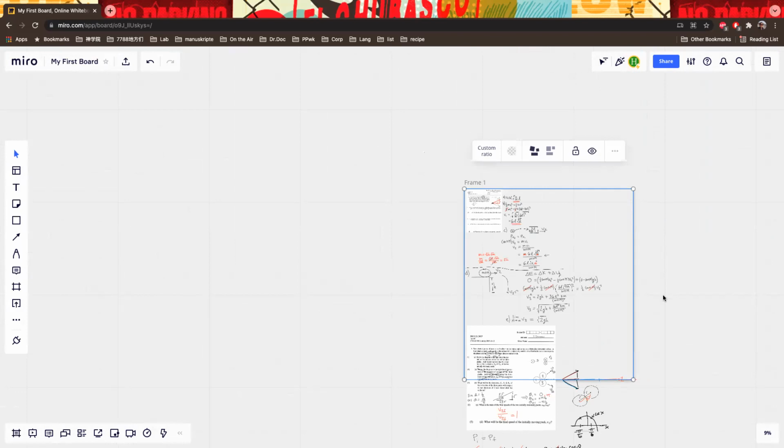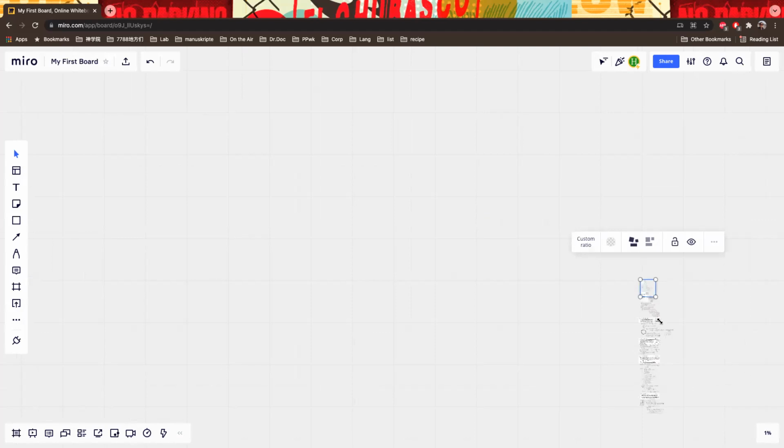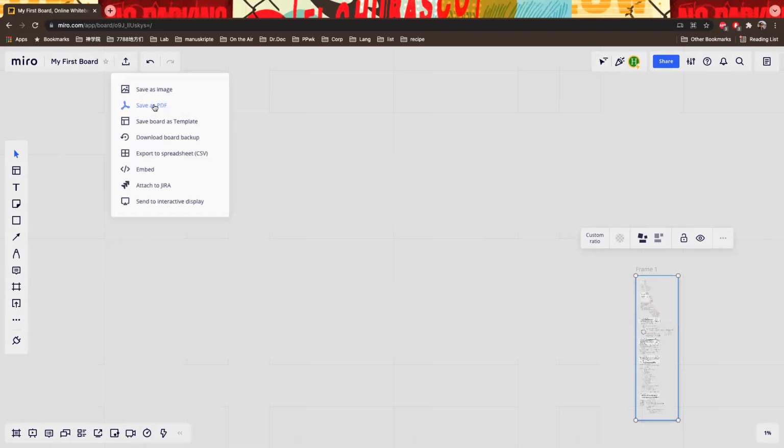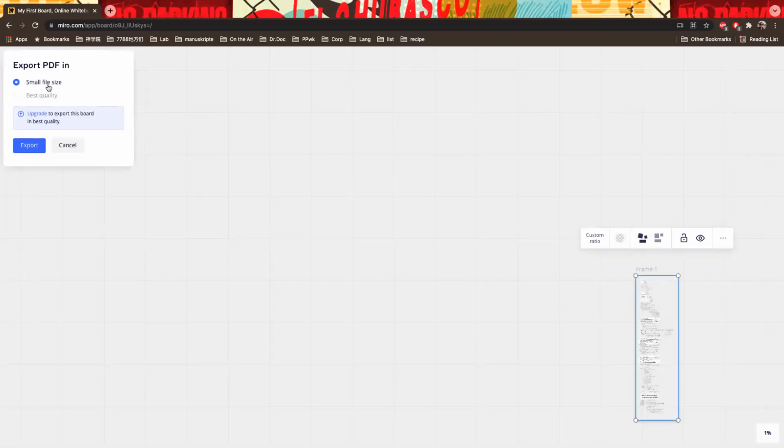Frame. Okay, looks like that's going to contain everything. Okay, so that's my frame, and then I will do export to PDF. Export.